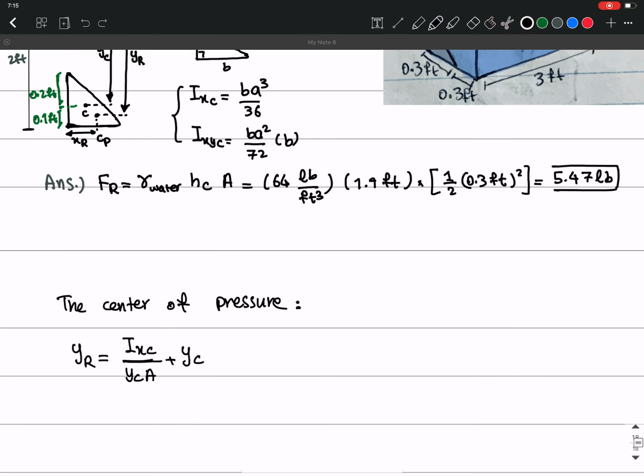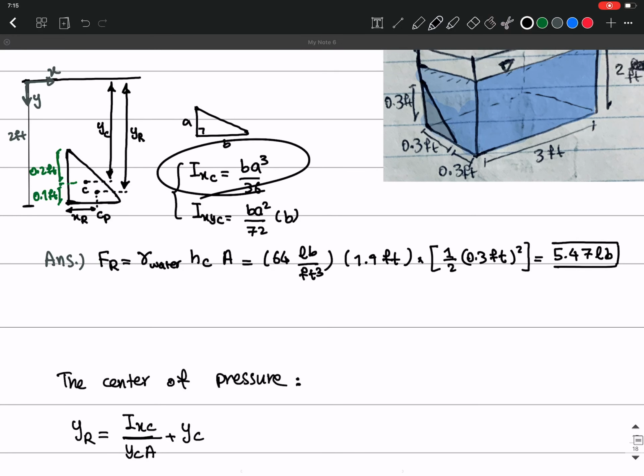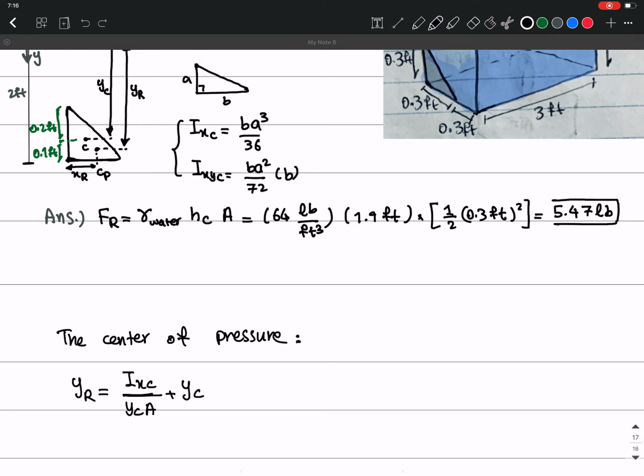So let me just write it. I have it here. It's going to be BA cubed over 36. And B and A are equal here to 0.3. So I just write it down.